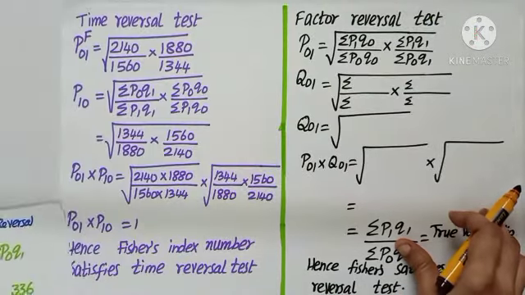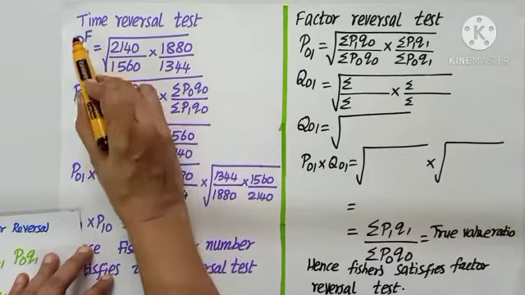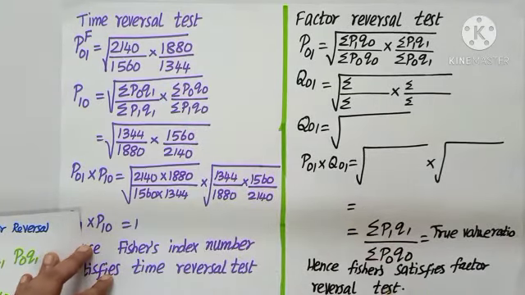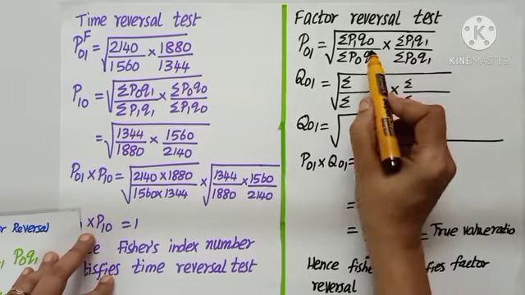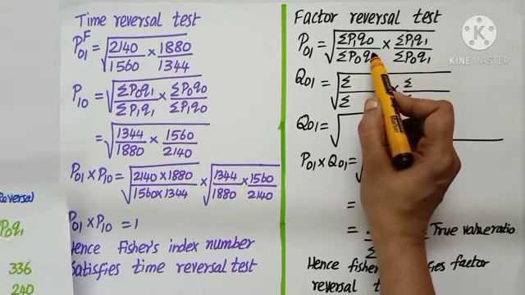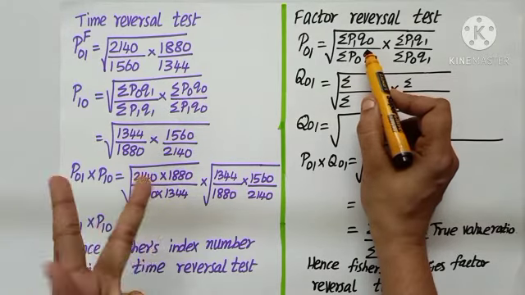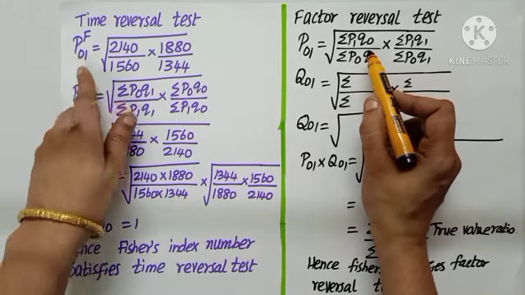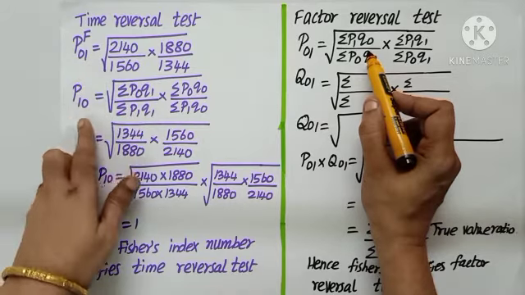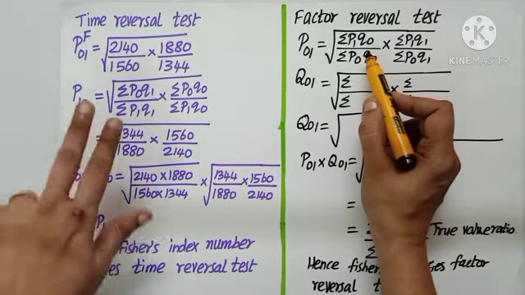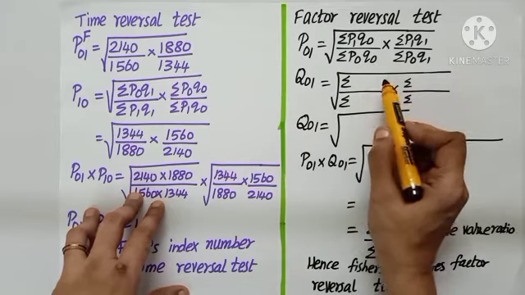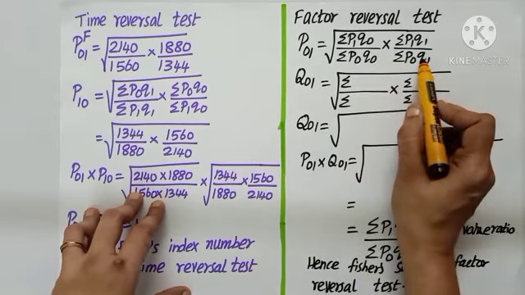But now I need to write time reversal. What do you mean by time reversal? From this formula, interchange 1 and 0. So here I call P0 1, whereas here I call P1 0. That is in the formula of Fisher's number.